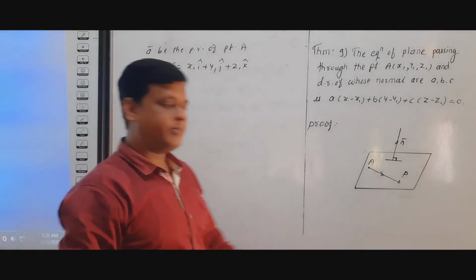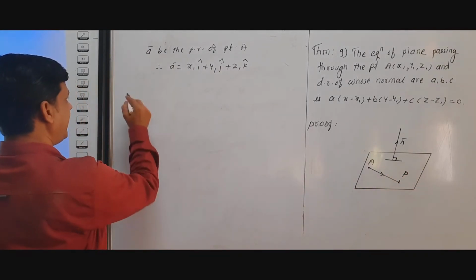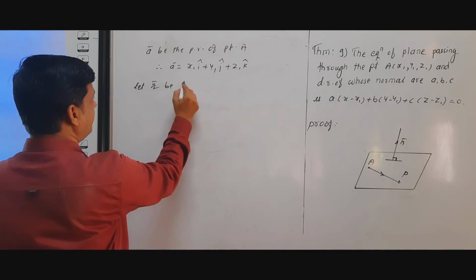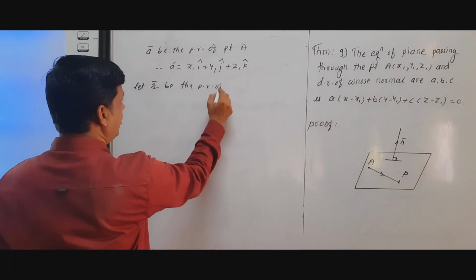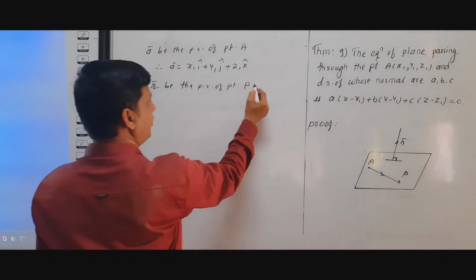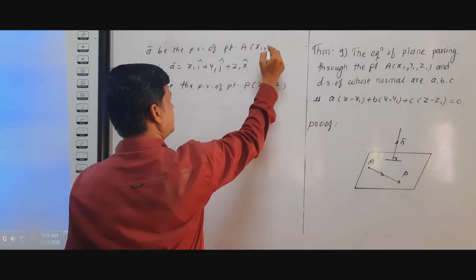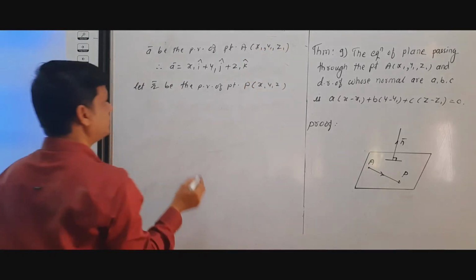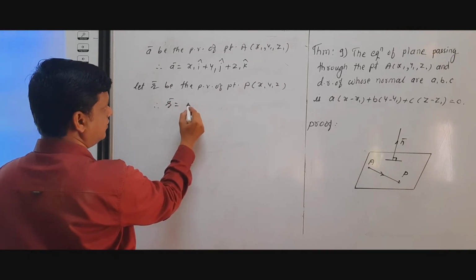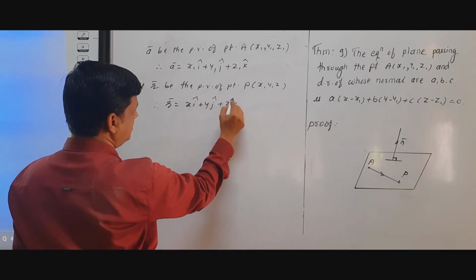If we consider P of x, y, z to be any point on the plane, let r bar be the position vector of point P. So we write r bar is equal to x i plus y j plus z k.